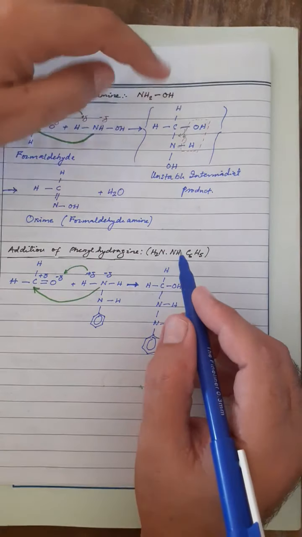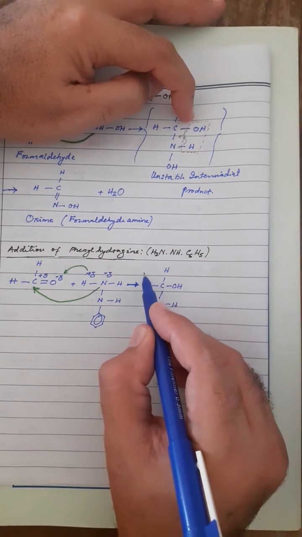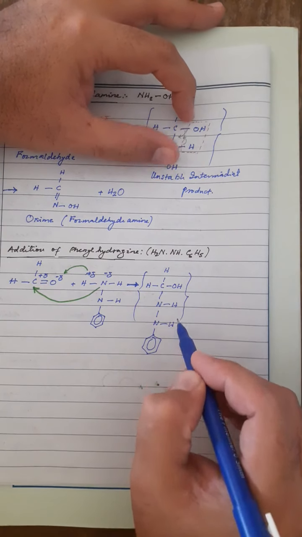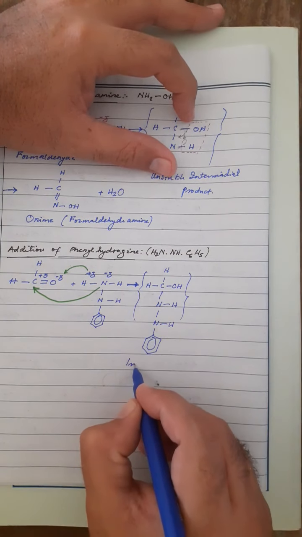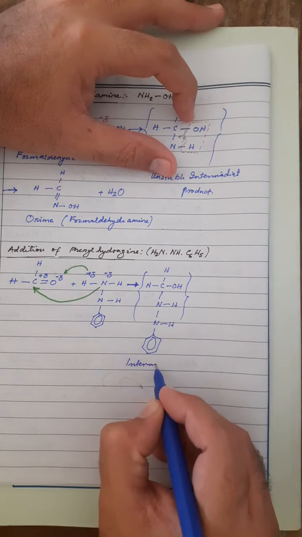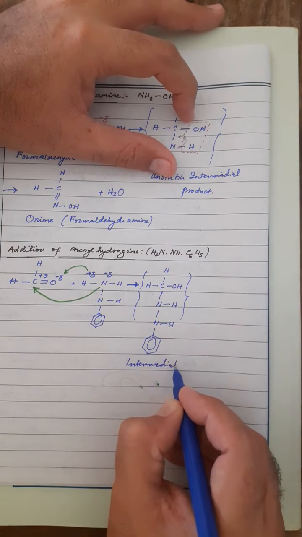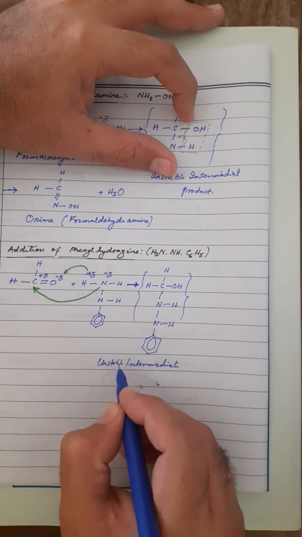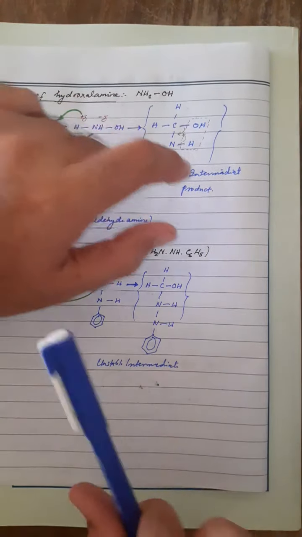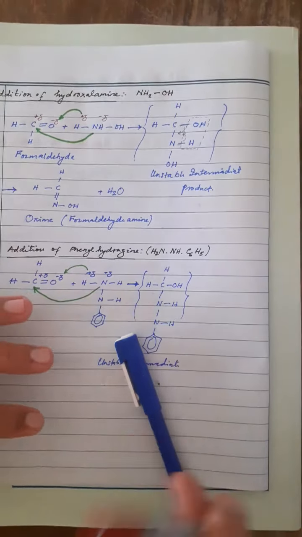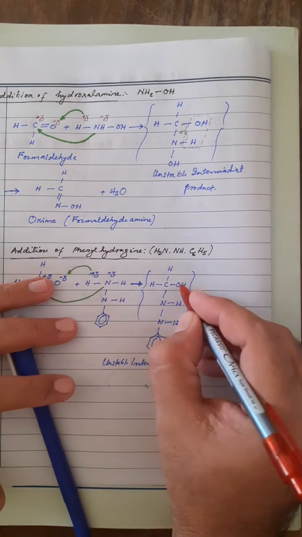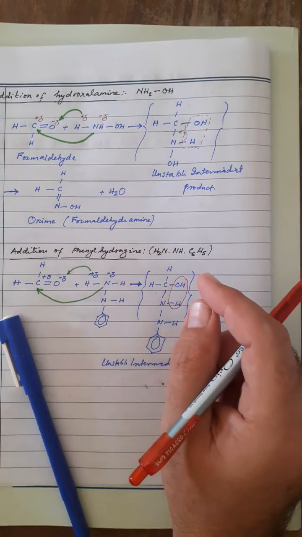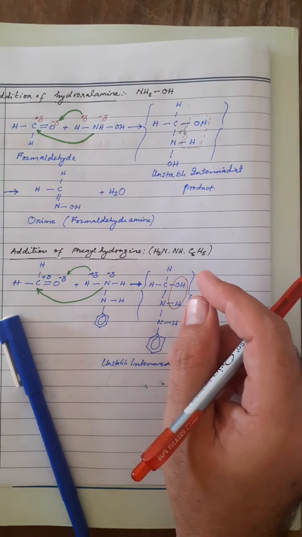This one, as mentioned here, is an unstable intermediate, which means it is not the final product. If you were listening to this lecture keenly, you might have understood what's going to happen here: removal of water.